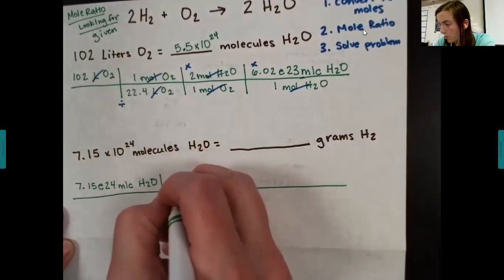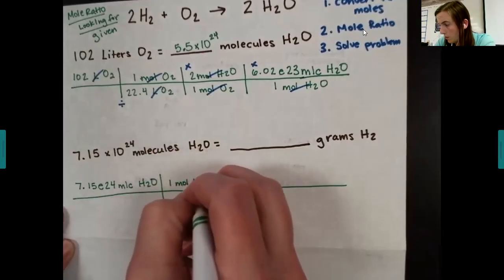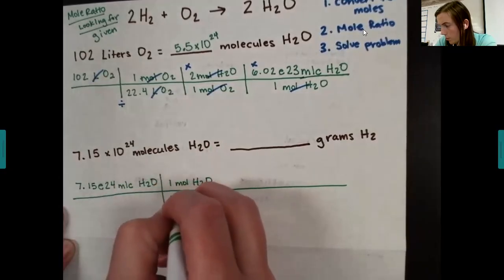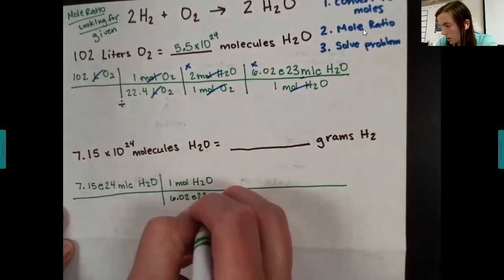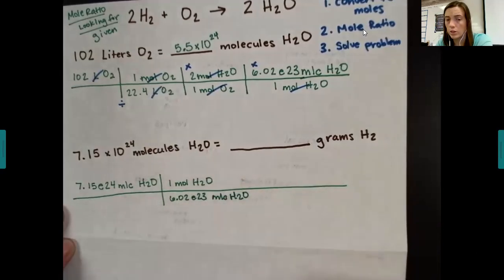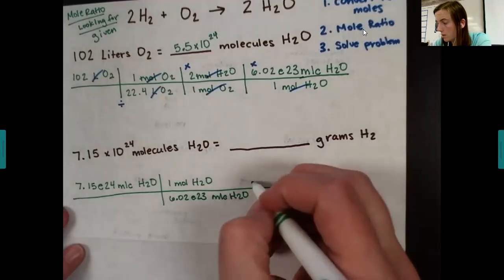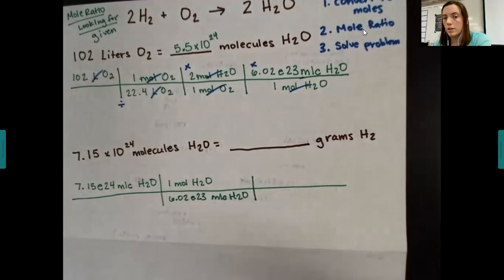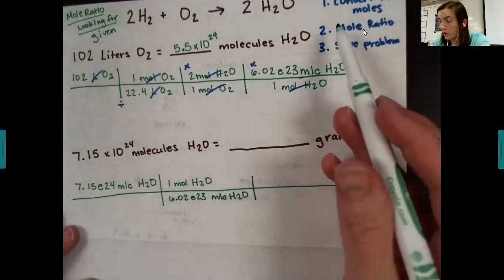So 1 mole of water for every 6.02 E23 molecules of water. Since it's molecules, we're using Avogadro's number. Okay, and so now we've converted it to moles.